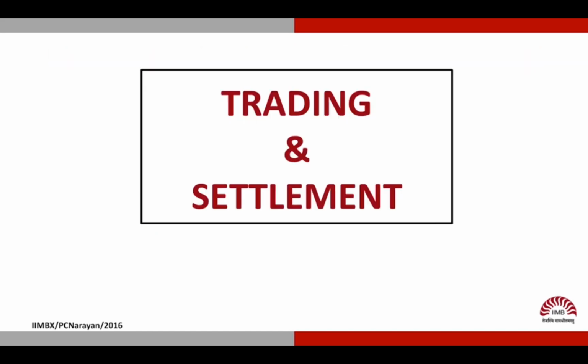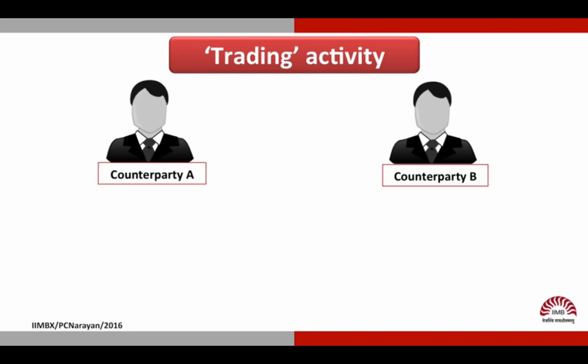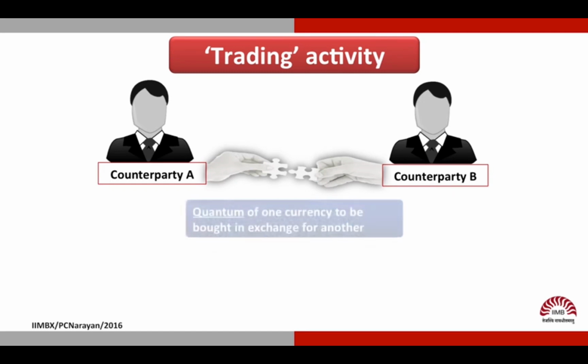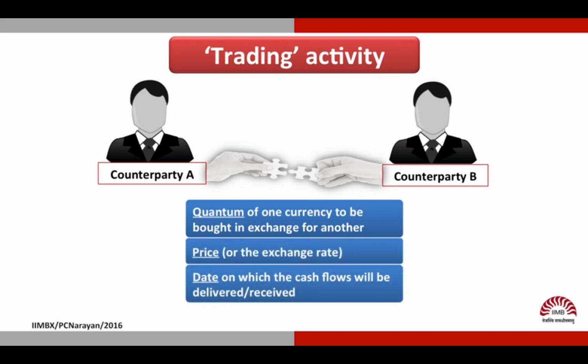Trading and settlement. There are two distinct activities associated with any foreign exchange transaction: trading and settlement. In the trading activity, the two counterparties to the foreign exchange transaction agree on the quantum of one currency to be bought in exchange for another, the price or the exchange rate, and the date on which the cash will be delivered.